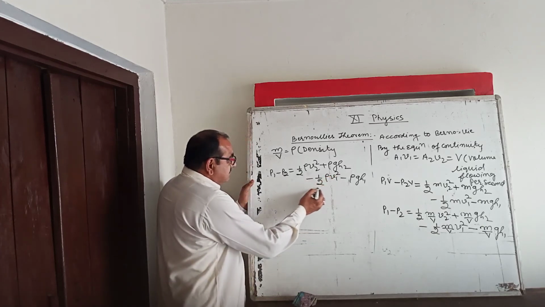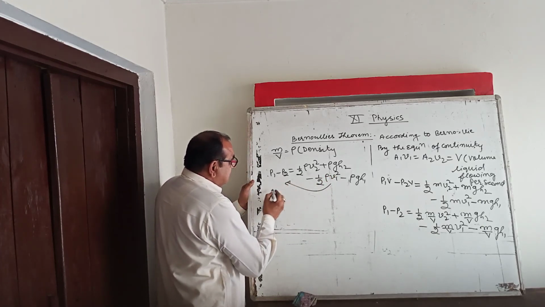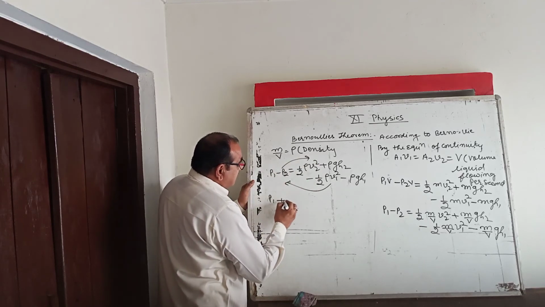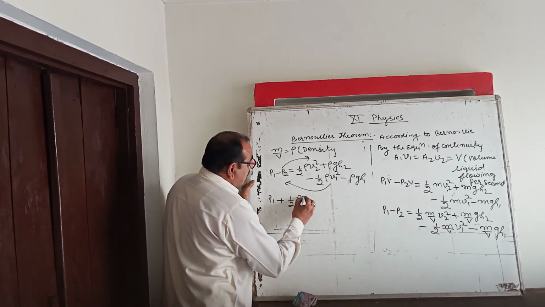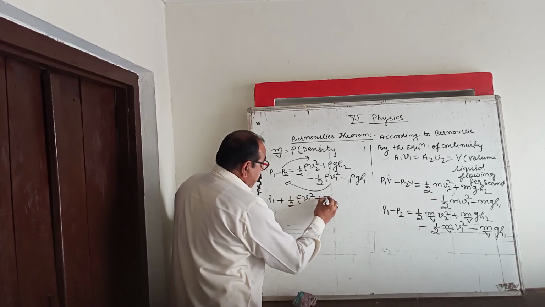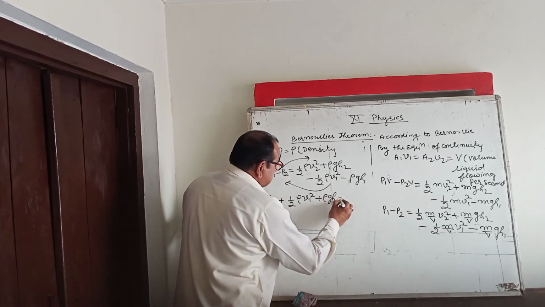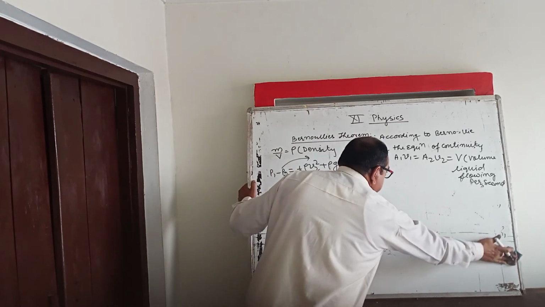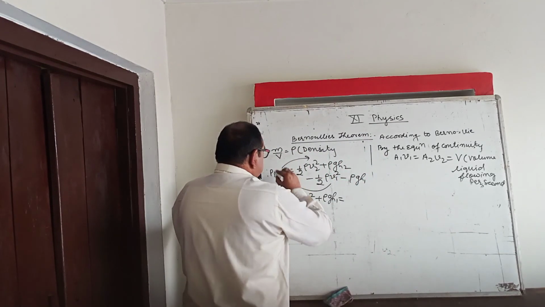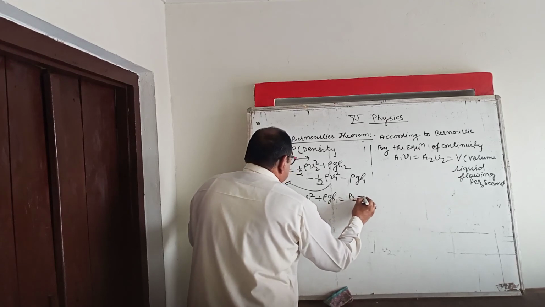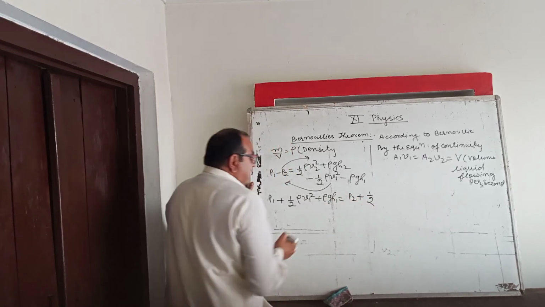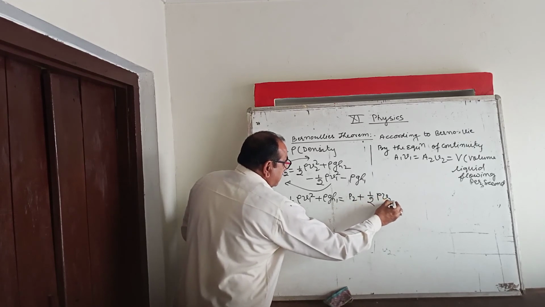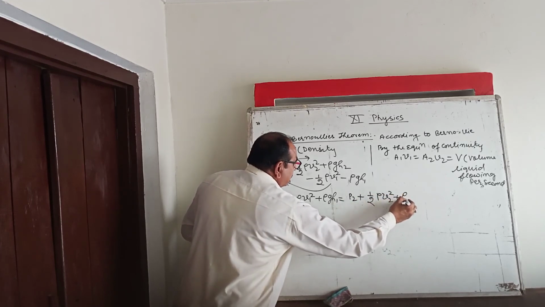Now taking this on this side and this on this side, P1 plus half rho v1 square plus rho g h1 equal to P2 plus half rho v2 square plus rho g h2.